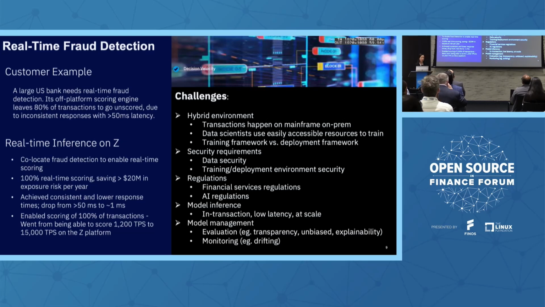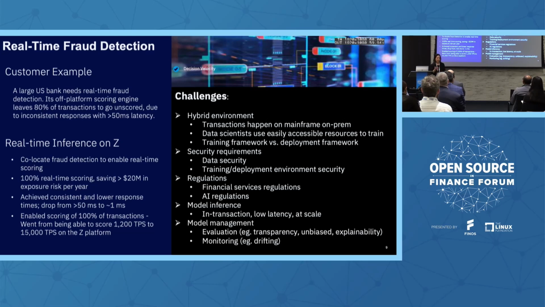Originally, they built a machine learning model and deployed it off platform. Then they tried to invoke the model from their transactions, which happen on mainframe. When they invoke the off-platform model, there are different delays, network or whatever, so they're seeing about 50 to 100 milliseconds.